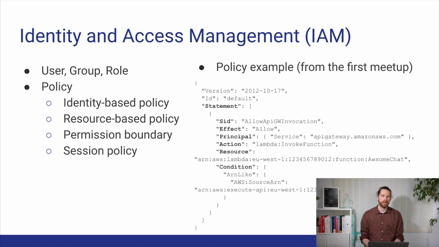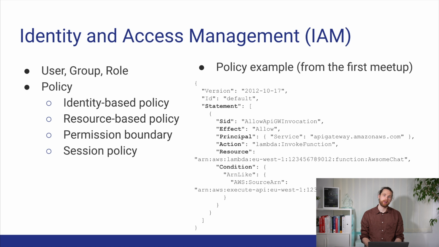So first, we have users, groups, and roles, and these are basically the principals that can do things in an AWS account. Okay, users can be within a group or in multiple groups, and we can assume roles with users or other AWS services, and if we did that, then we can act as if we were the given role.